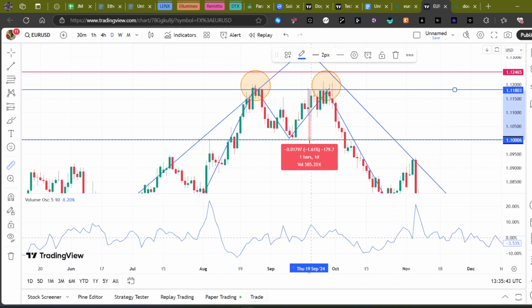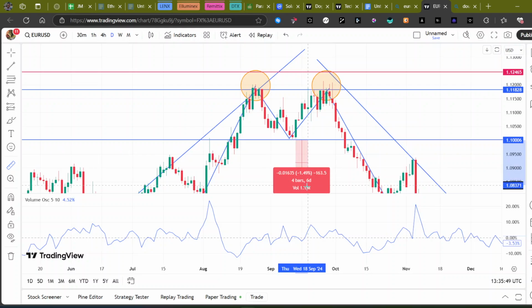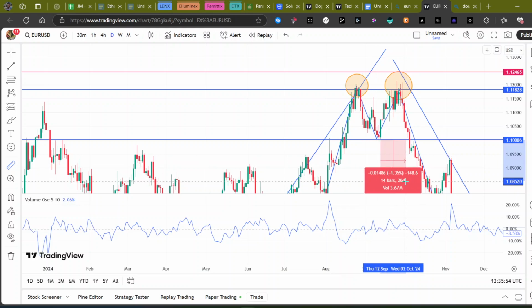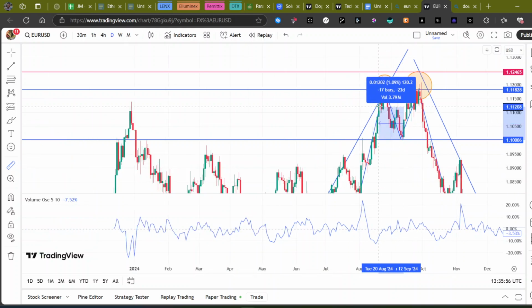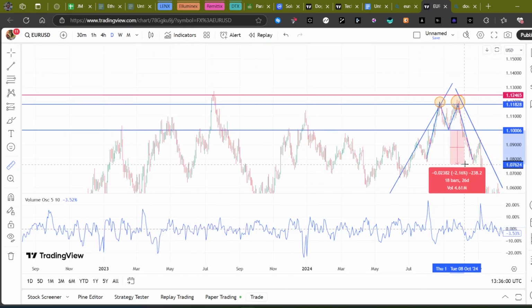So when you measure that, you project that same distance downward from the neckline. So we should be having a minimum of 180. You can see that about 200 and something aligns with a support.